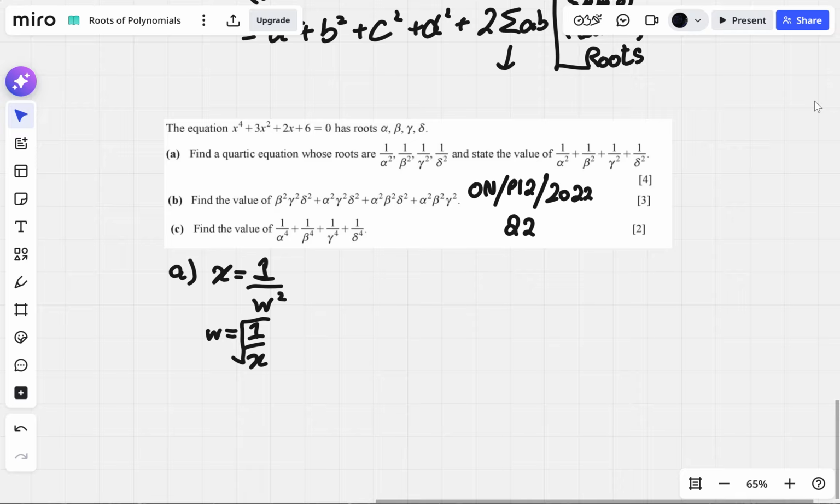Continuing with this, we can substitute that into the original equation.